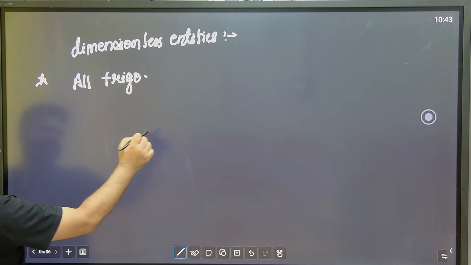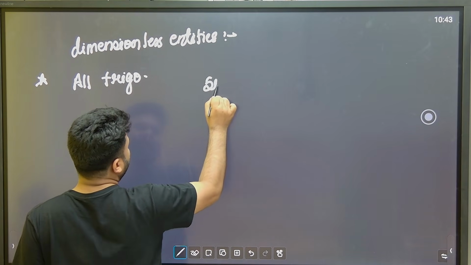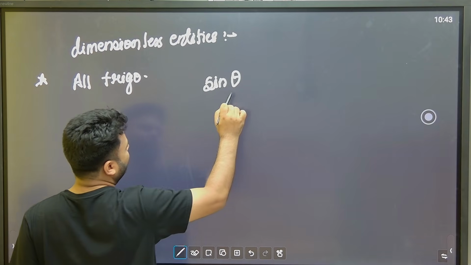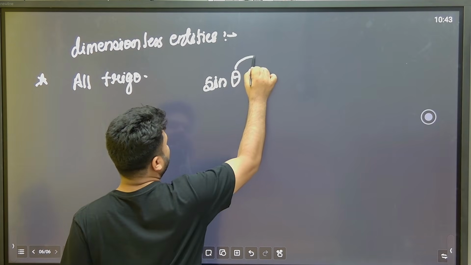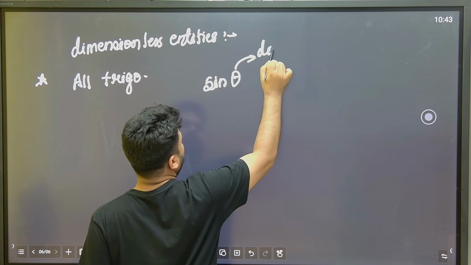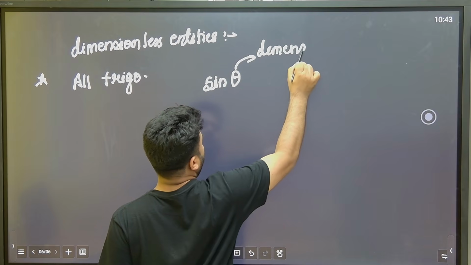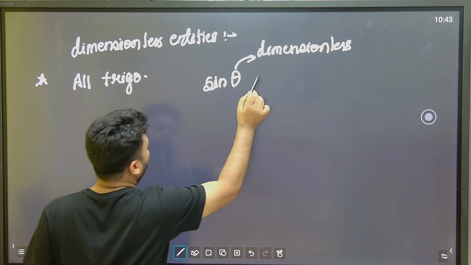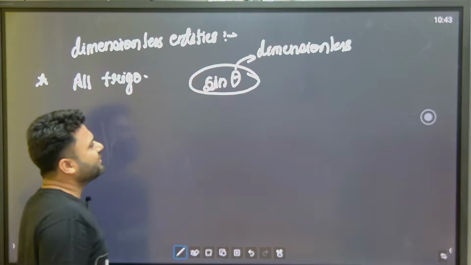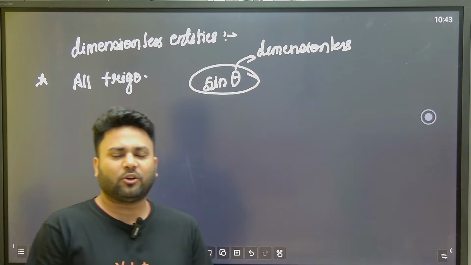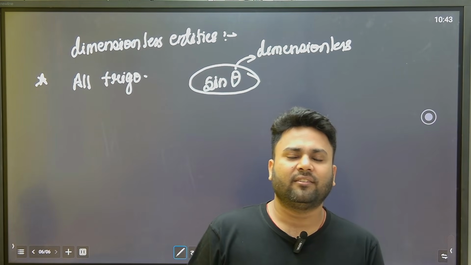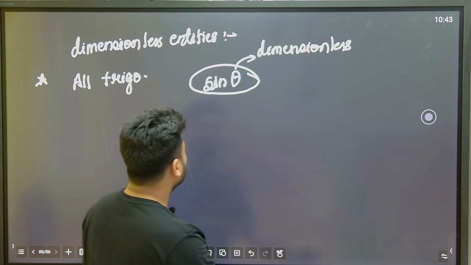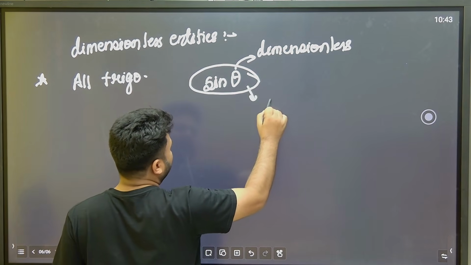Like if they give sine of any angle theta, we just saw that the angle is also dimensionless. And this whole entity, sine theta, will give one value, like 1, 0, 1 by root 2. So this whole quantity will also be dimensionless.